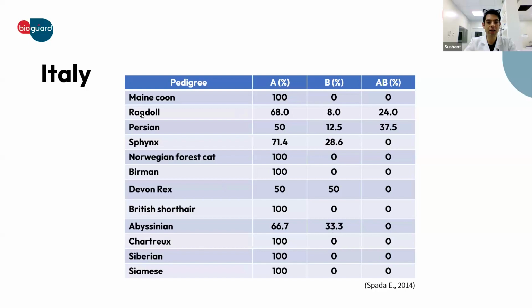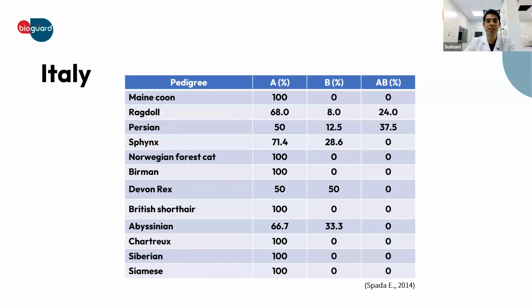However, in Ragdoll and Persian cats, you can see in Italy 24% AB blood group, which is unusual, very rare. However, in these two pedigrees, the percentage of AB is high.